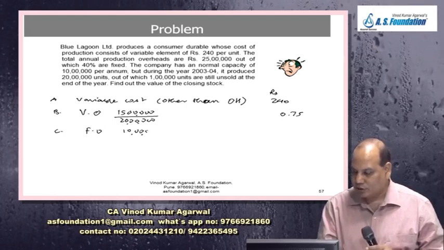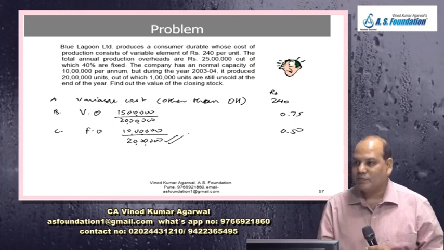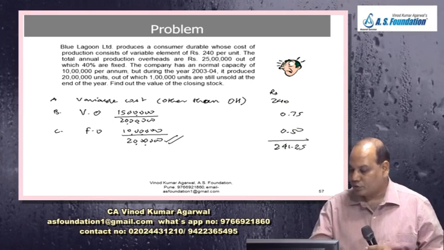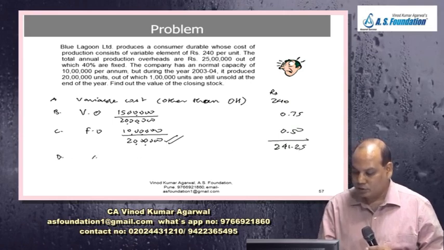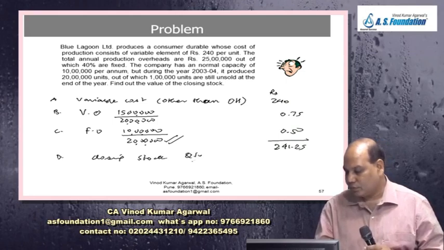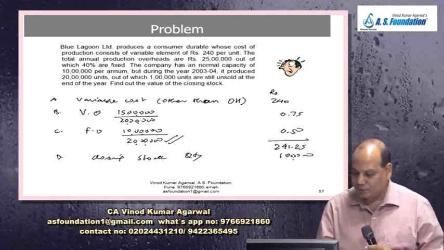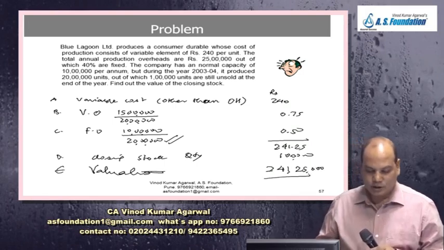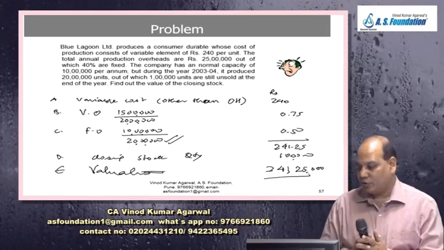How much? 10 lakh. Divide by 10 lakh or 20 lakh? 20. Now here you have to be careful. Actually you have to take the total cost to 41.25. And what is the closing stock quantity? 1 lakh. Therefore valuation 2 crore 41 lakh. What is the note you will write? It is assumed that NRV is higher than the cost.